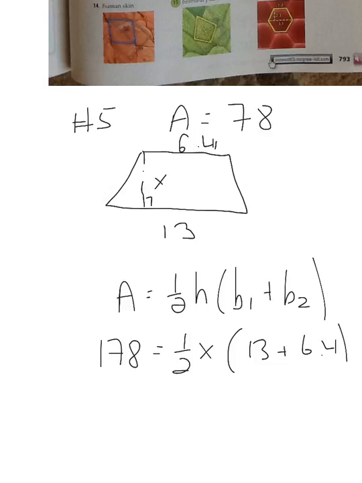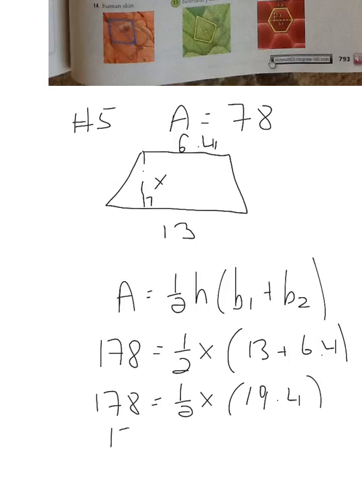You could write it the other way, 6.4 plus 13, it doesn't matter. So 78 equals 1/2 x times 19.4. Half of 19.4 is 9.7, I believe.